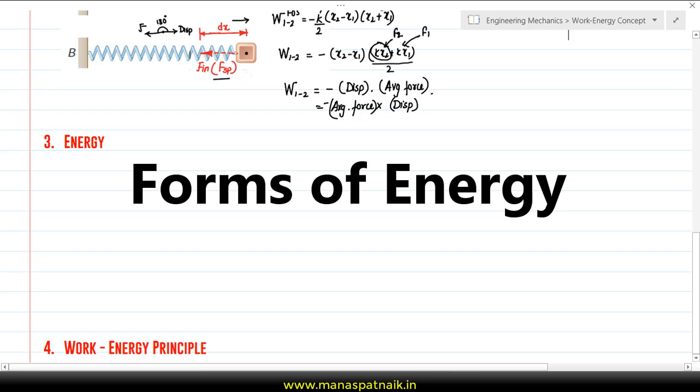And as an engineer, it is our prime responsibility to make sure that maximum amount of energy can be utilized to produce output or to produce work. But the kind of energy that I'm going to talk about as far as this particular course of engineering mechanics is concerned is the mechanical energy, which essentially is a combination of, you can say, kinetic energy as well as potential energy. So let's kick off.